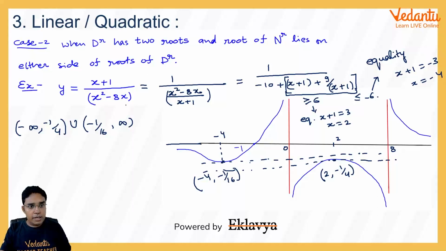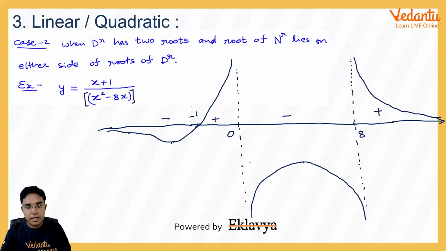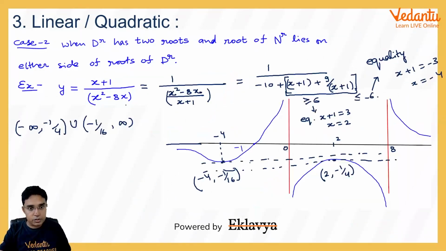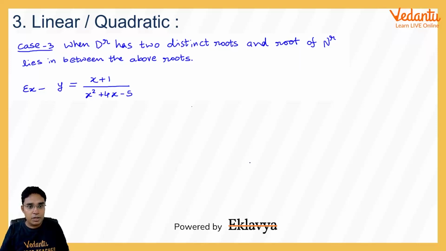Now coming to case number 3. In fact, let me just comment before going to the next case, that this case 2 is done. Now coming to case number 3. Now case 3 says denominator has 2 distinct roots and root of numerator lies in between the 2 roots. Above 2 roots means roots of denominator.